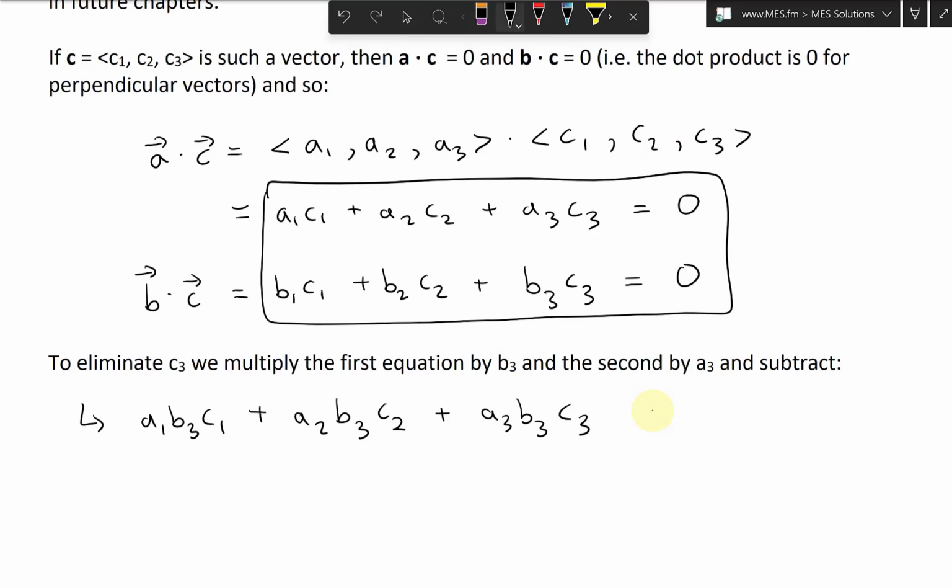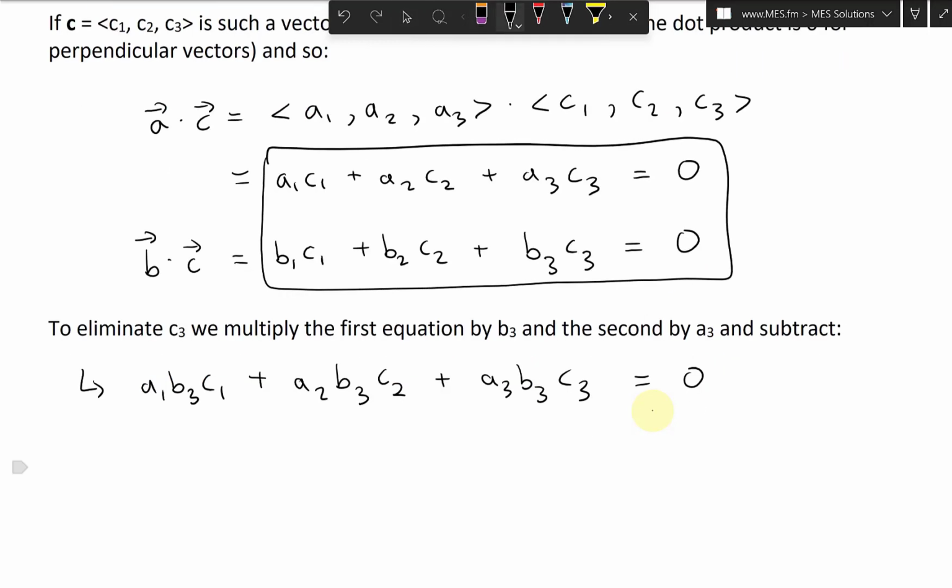So just multiply there. And then the next one, we're going to be subtracting this whole thing from this one here, multiplied out. And then we're going to subtract it all. I'm going to write it like that to put it all together. So the next one is here, B1 C1, but we're multiplying that by A3.